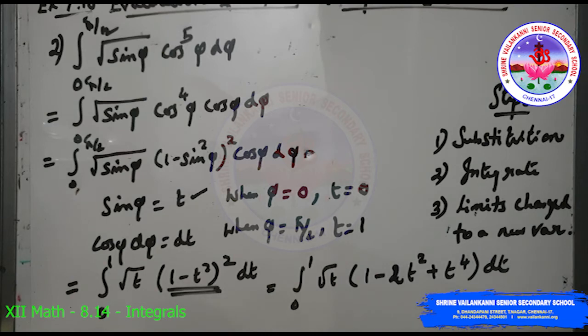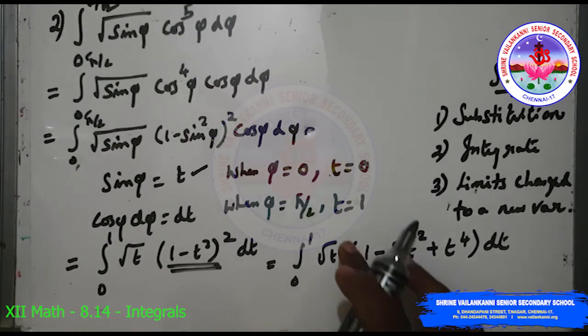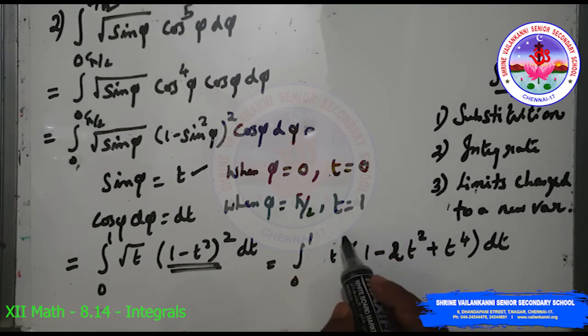Now we have to multiply this. So root t is t power half. So I'm changing this as t power half.